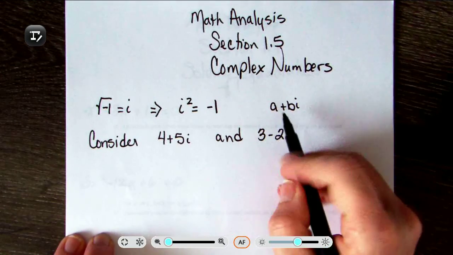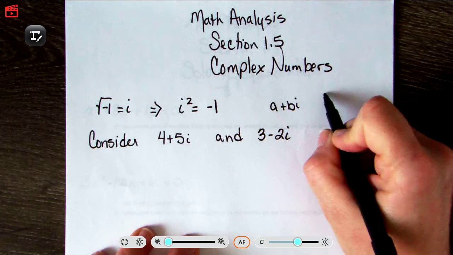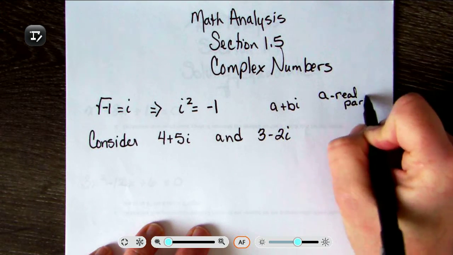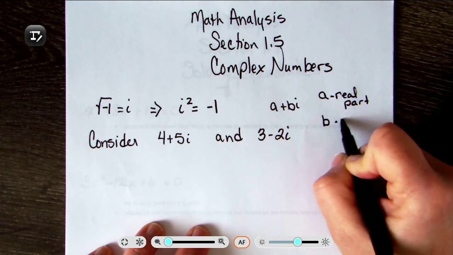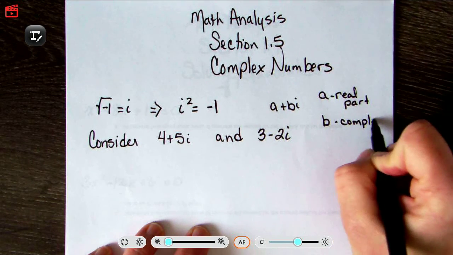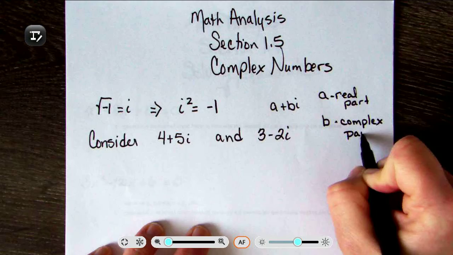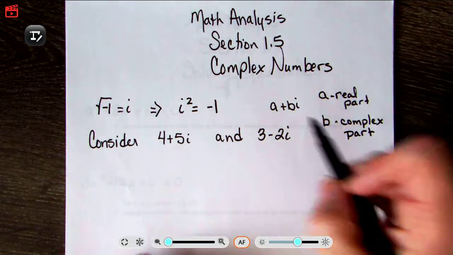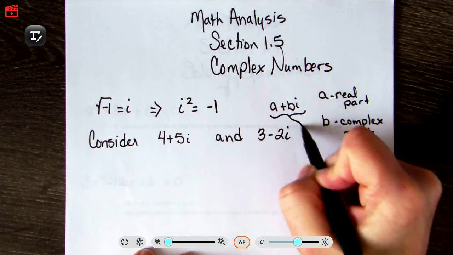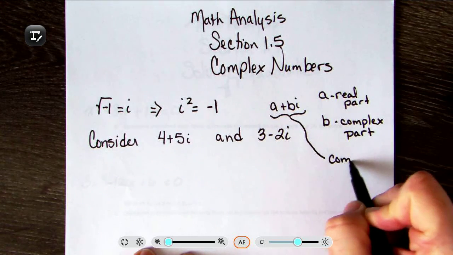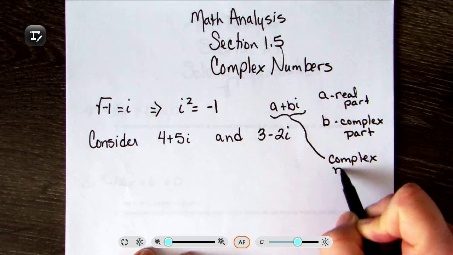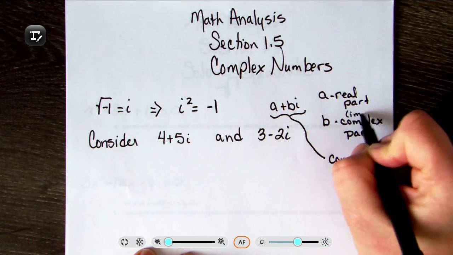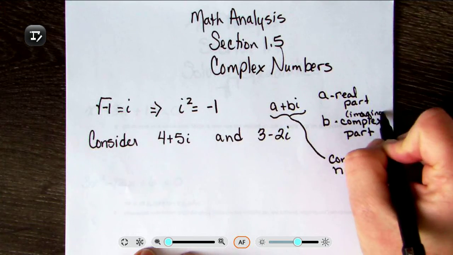We like to think of this as a real part. a is considered the real part, and b is the complex part or imaginary part. And together they create a complex number. So this is considered a complex number because it consists of a real and an imaginary piece.